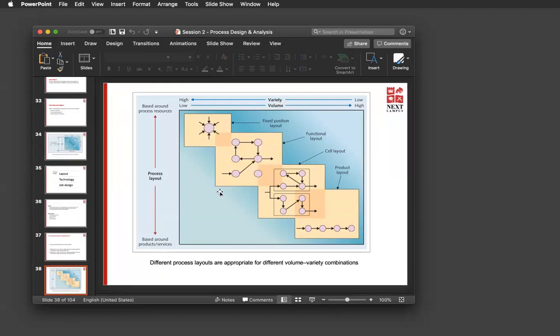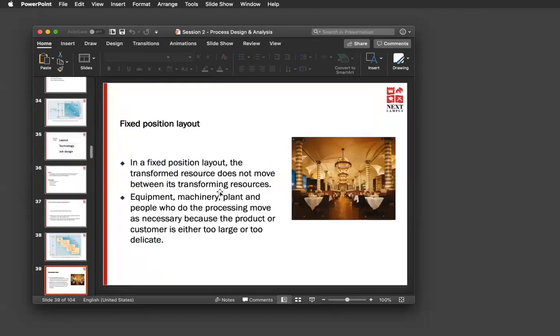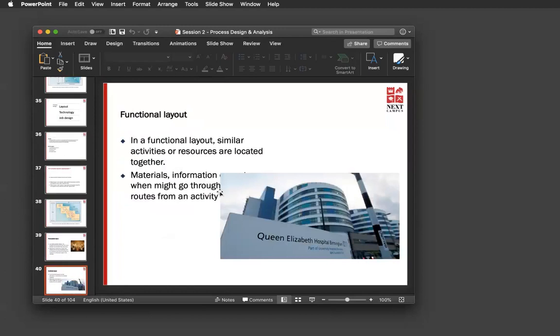Now, the next one is actually a functional layout. In a functional layout, there are certain similar activities that are grouped together.